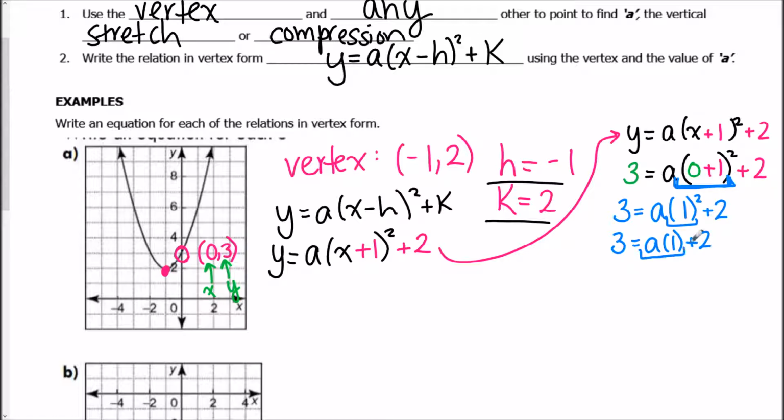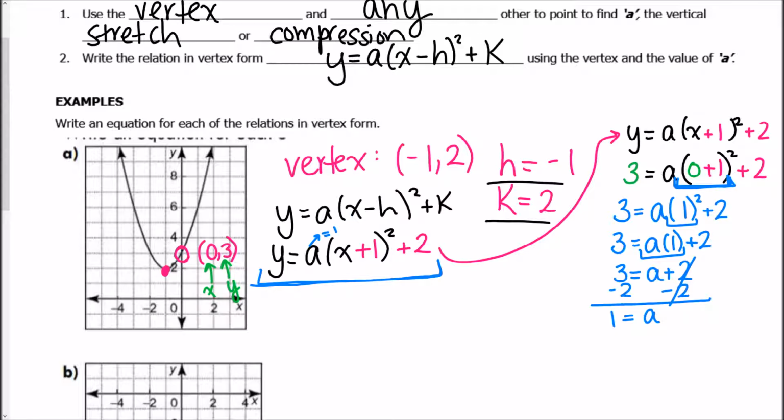Now, A times 1 is just 1A, or just A. So I can say 3 equals A plus 2. Subtract the 2 from both sides to get the A alone, because the opposite of adding is subtracting. And I end up getting A equals 1. Now that I've done that, I can go back to this equation right here, and I now know that A is going to be equal to 1.